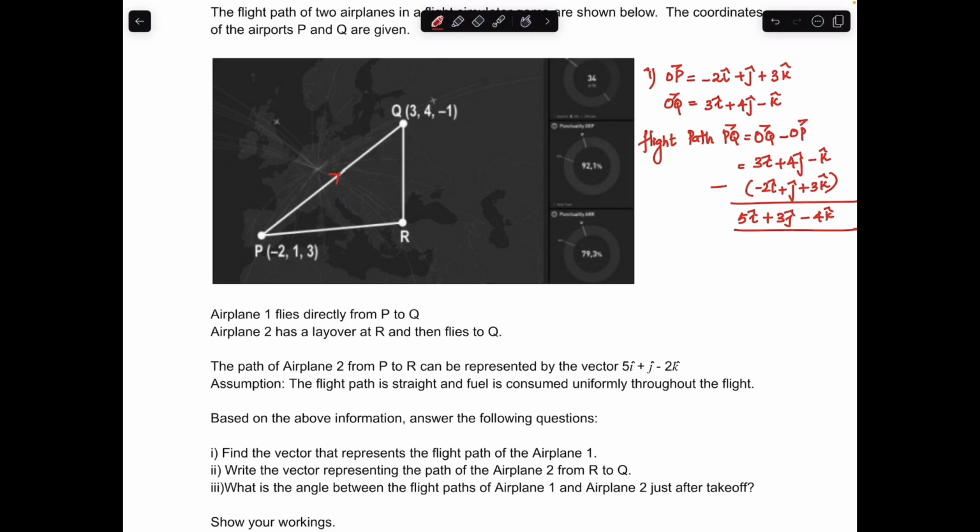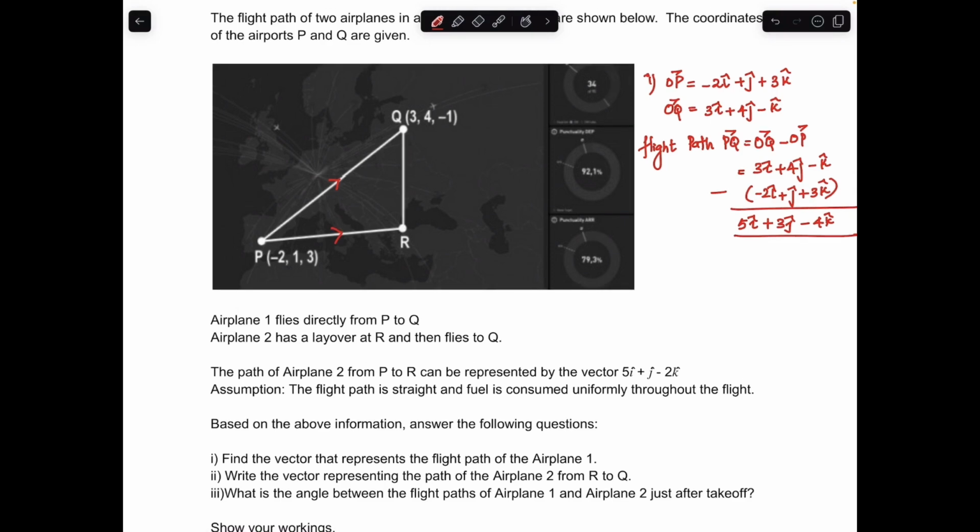Subdivision 2. Write the vector representing the path of airplane 2 from R to Q. Let's show the path of airplane 2. It's PR to RQ. Subdivision 2 is asking for the path R to Q. So by triangular law of addition, PQ vector is equal to PR vector plus RQ vector.